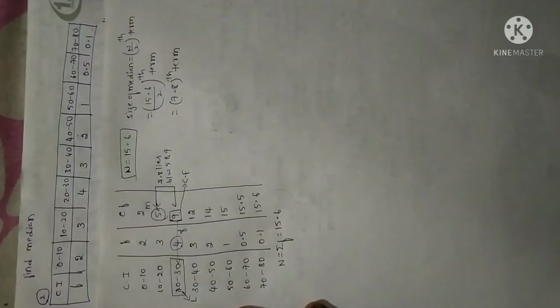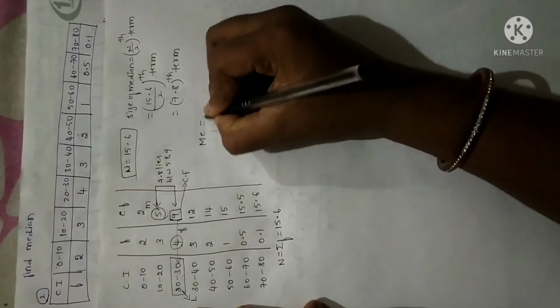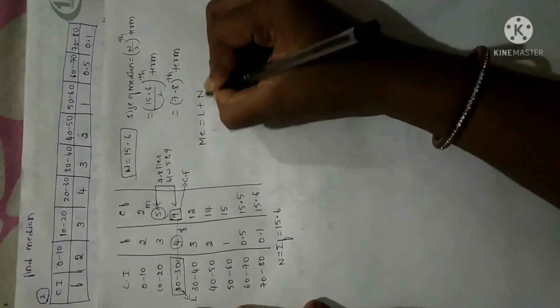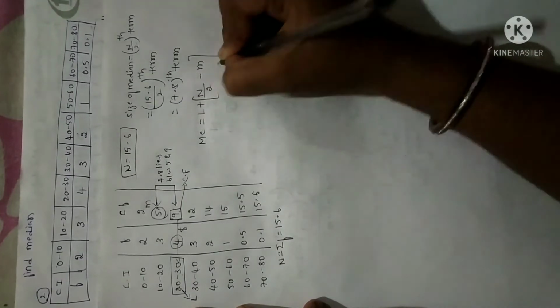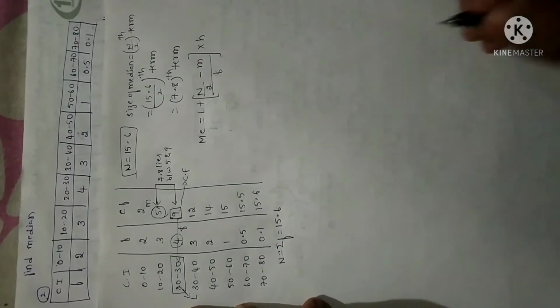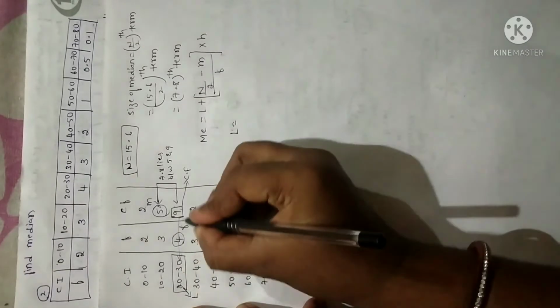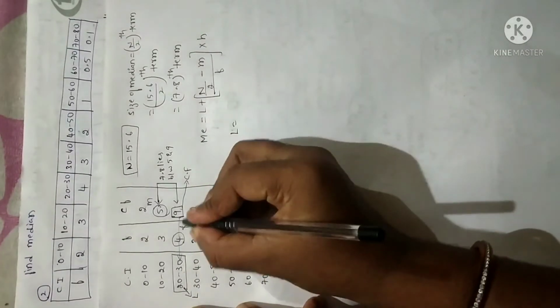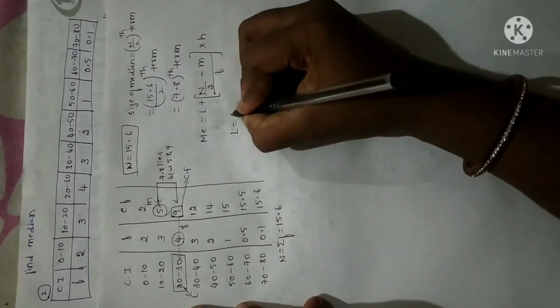Now let me write down the formula. The formula is given by median is equal to L plus N by 2 minus M divided by F into H. Right? Now let me write down the required values. The L value is the minimum value of the class interval corresponding to the cumulative frequency I have taken, so L is 20.